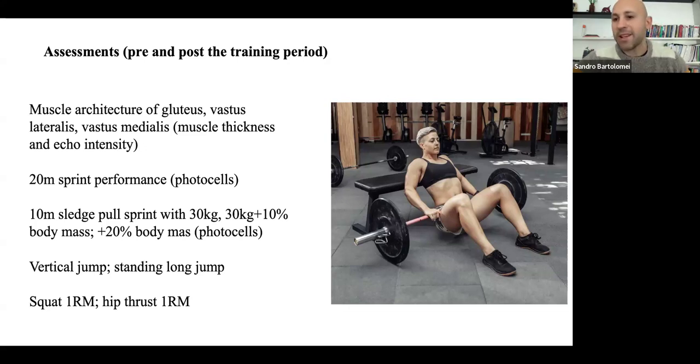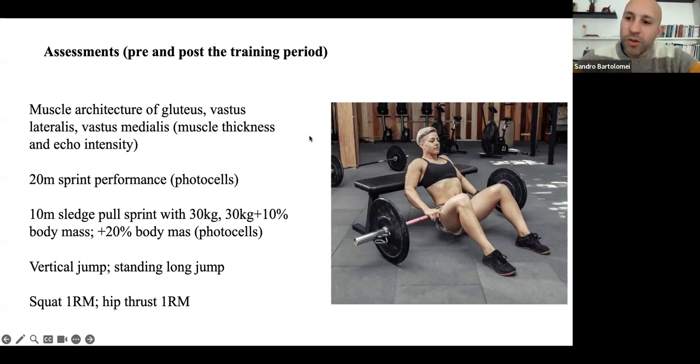So basically, we put the photocells and measured the time over 10 meters at different loads on the sled. Then we measured vertical jump performance and standing long jump, squat 1 RM and hip thrust 1 RM. What do you think will be the result?